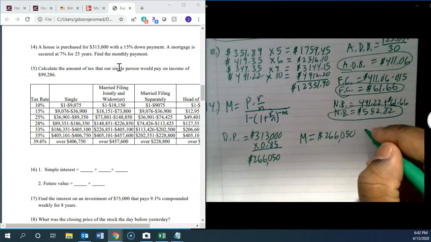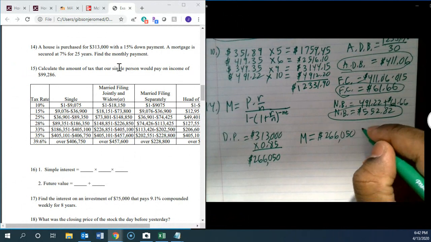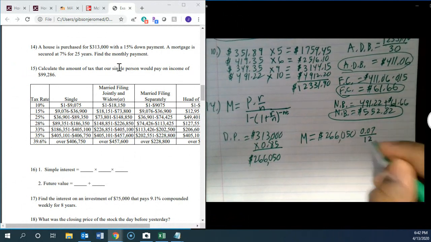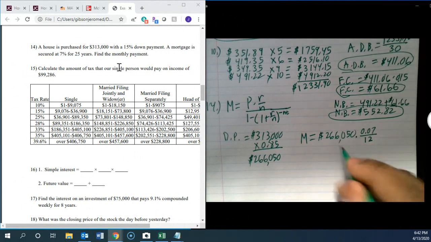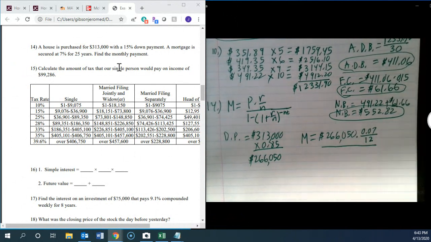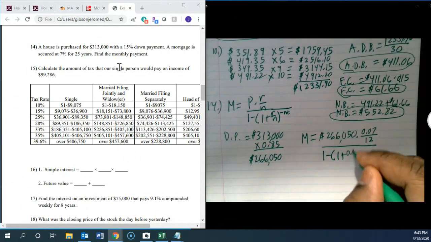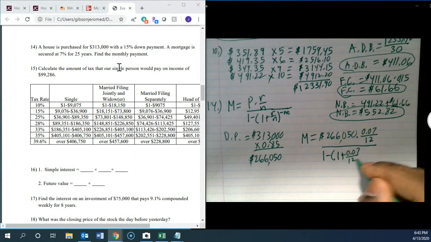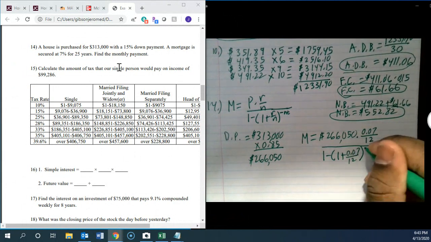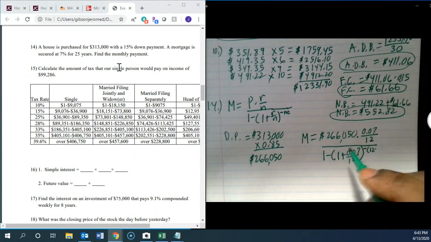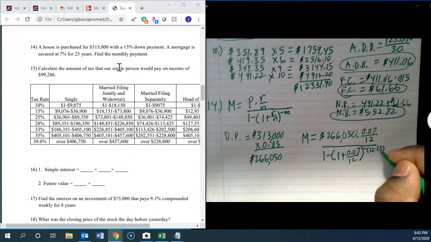The rate is 7%, which is 0.07, over the number of times that you will make a payment, which would be 12, divided by 1 minus 1 plus, the rate is 0.07, and the n is 12, to the negative, in parentheses, n will be 12, and then the time, they tell us that it's 25 years.